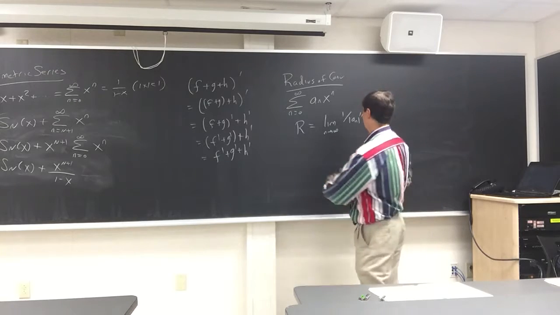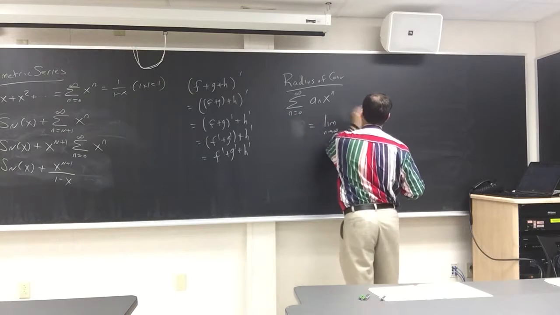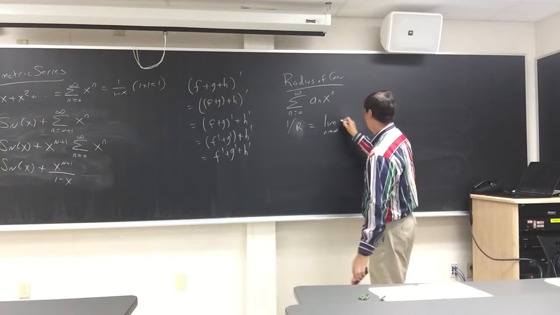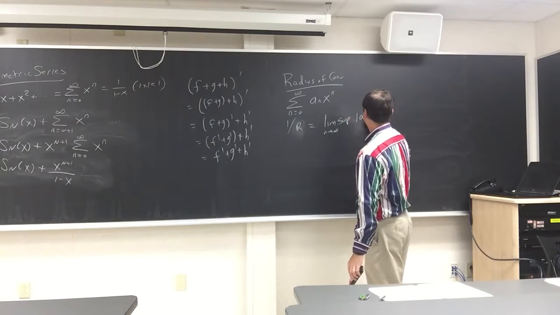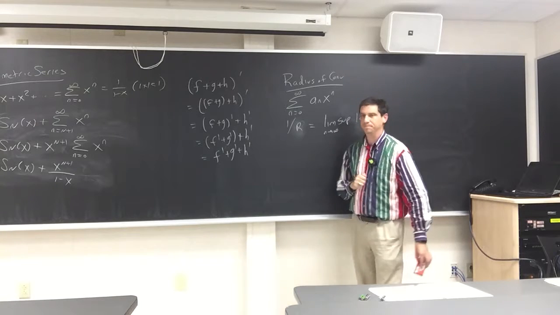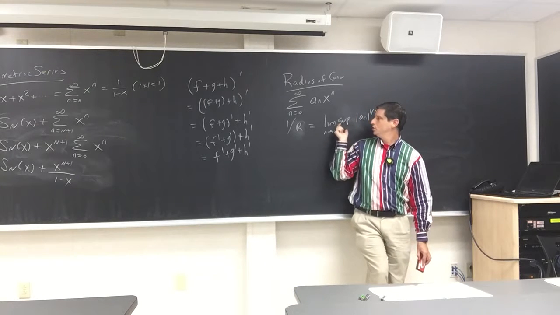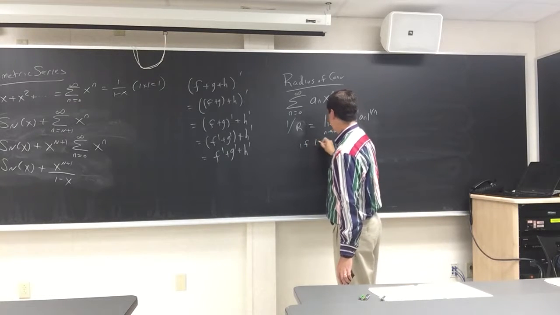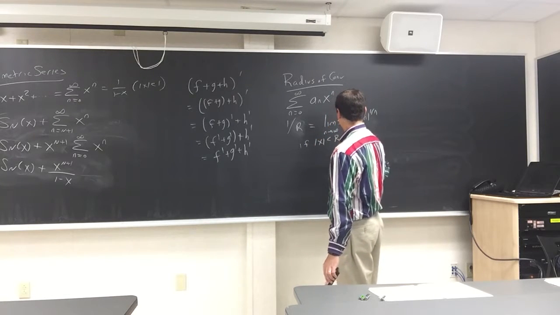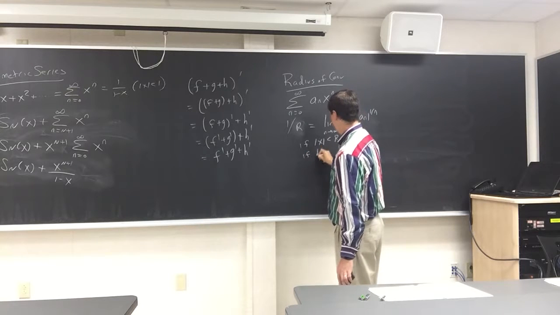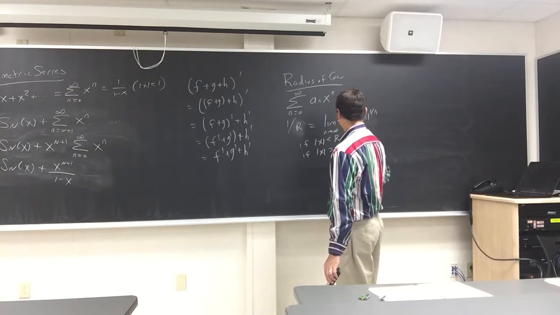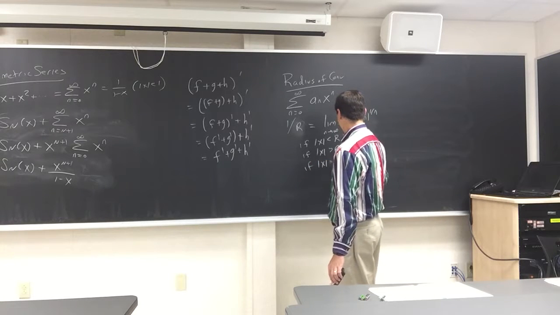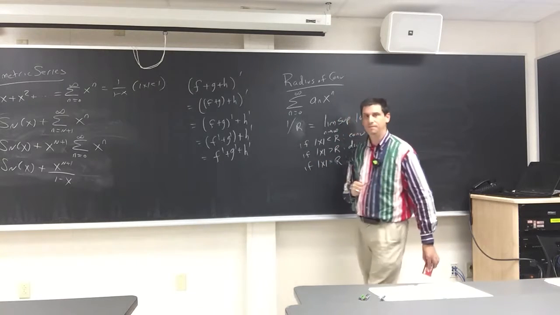The book has it as 1 over r, so I'll do it as 1 over r. It makes no difference. So 1 over r is the lim sup of |a_n| to the 1 over n. So r is the radius of convergence. If the absolute value of x is less than r, it converges. If the absolute value of x is greater than r, it diverges. If the absolute value of x equals r, who knows?